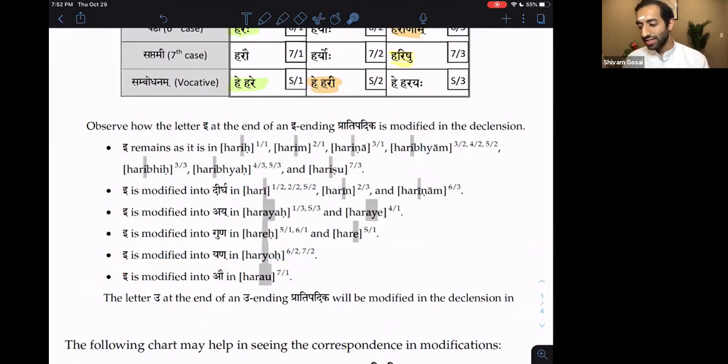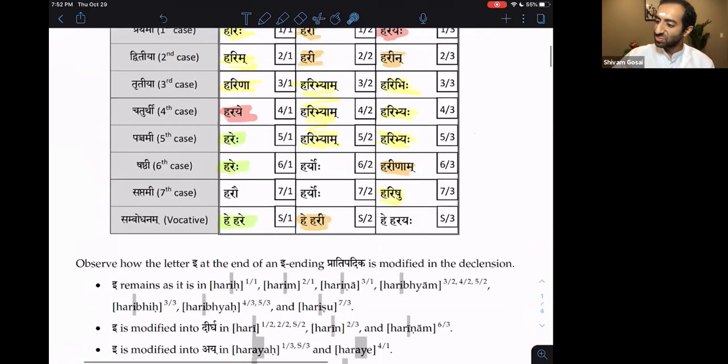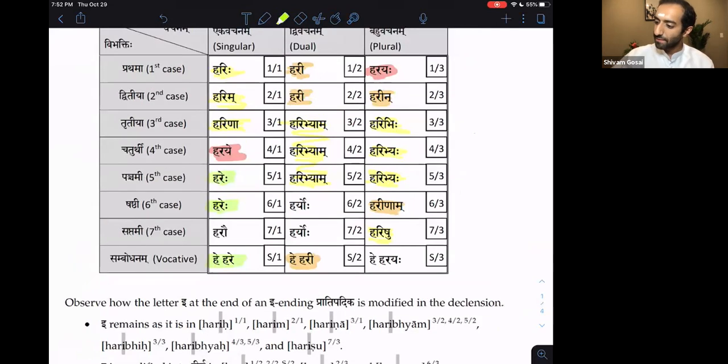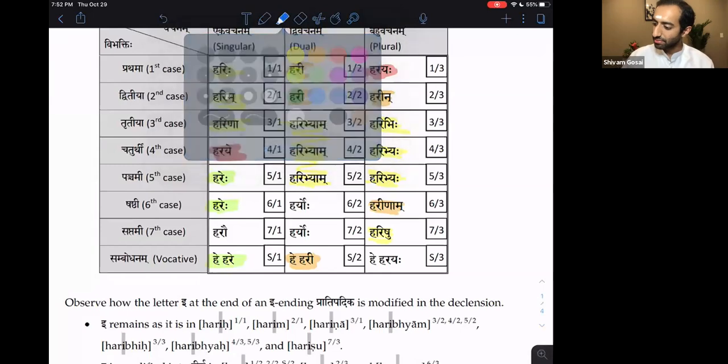So again, this is not really yan sandhi, but that yan replaces that E. So E gets replaced by yakara. So we get hariyoho in 6272. And then this last one, E is modified into O, so hariyo. Let's make a different color.